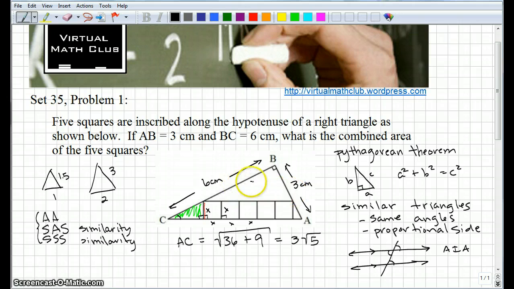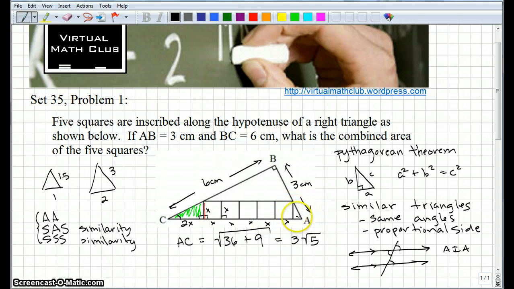So if the ratio of this is 6 to 3, then the ratio of this to this is also 2, so this is 2 times x, okay? So the length of this side is 2x plus x plus x plus x plus x plus x.